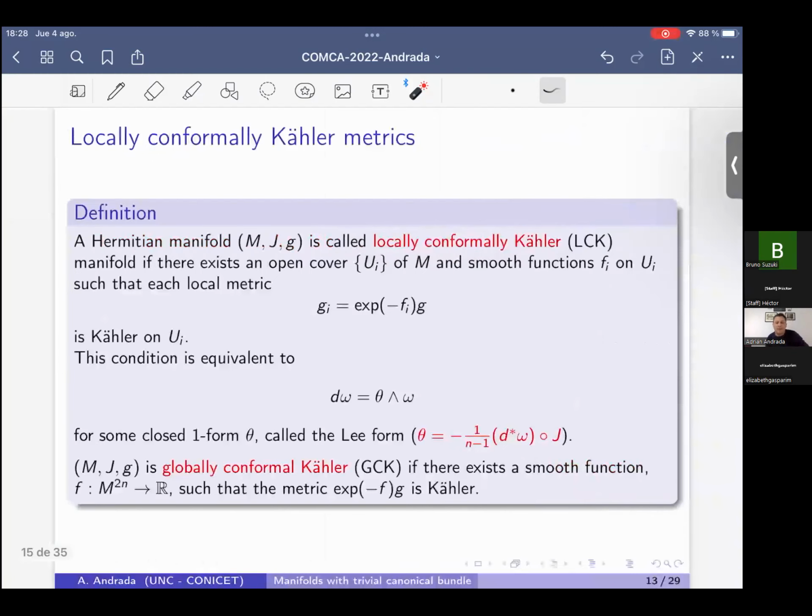There is a simpler way of describing this, because this condition can be seen to be equivalent to the differential of the fundamental two-form being equal to a closed one-form theta, called the Lee form, wedge omega. It satisfies d omega equals theta wedge omega. There is a particular expression for theta, given in terms of the codifferential of omega.